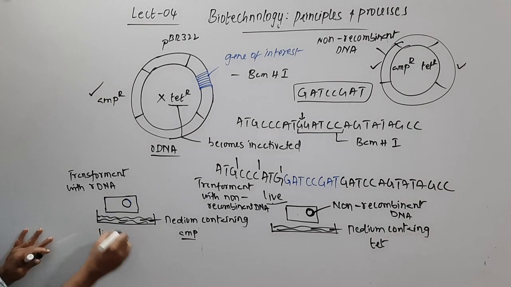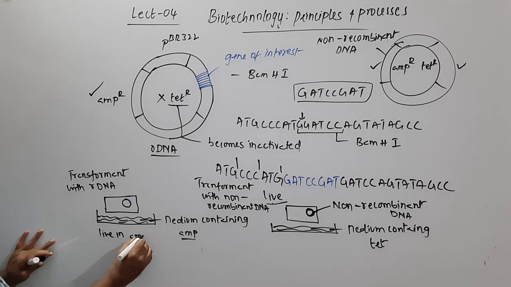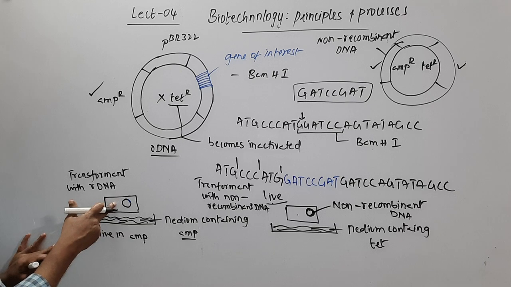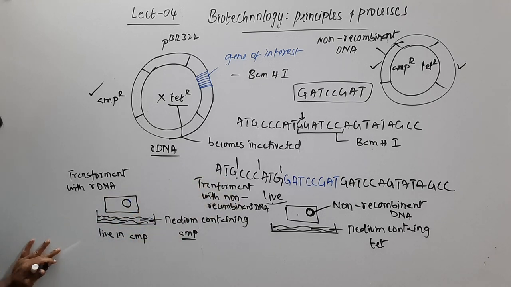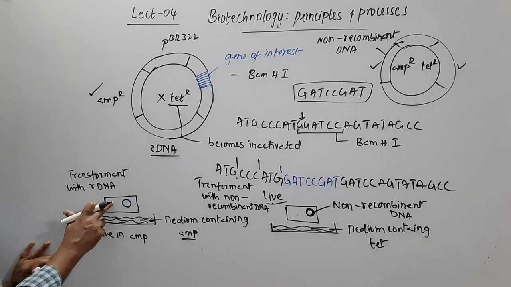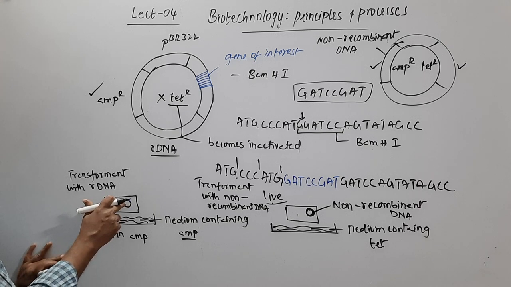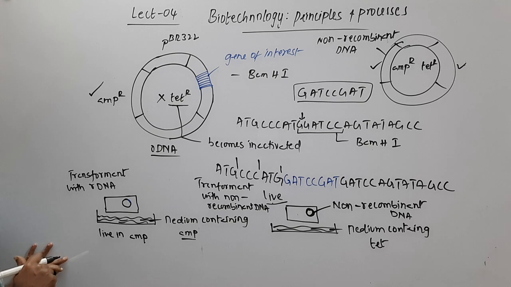Now this will live in ampicillin antibiotic, because in this the ampicillin resistance gene is functional. But if I put this one in tetracycline, this bacterium will not be able to survive, because the tetracycline gene is not working, so it cannot counteract the action of tetracycline, and it will die.